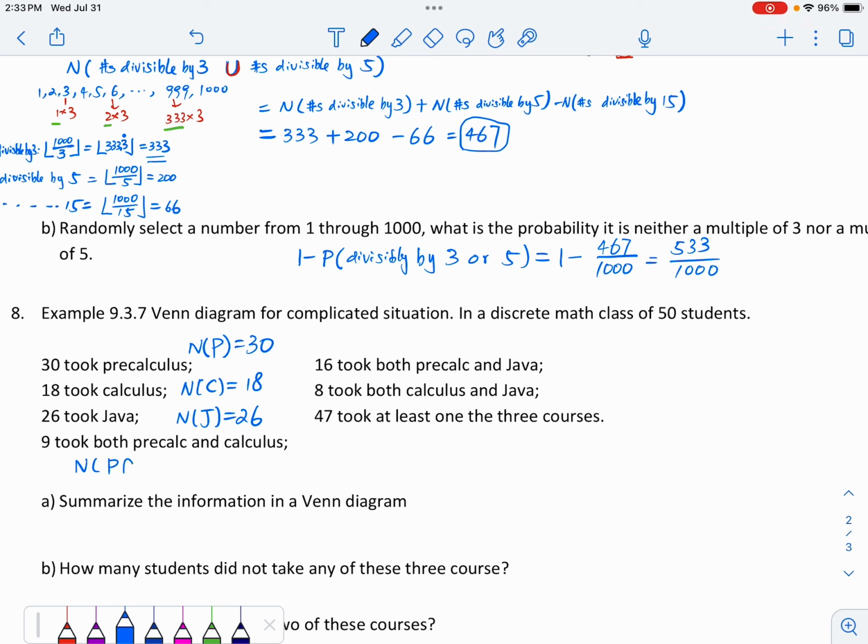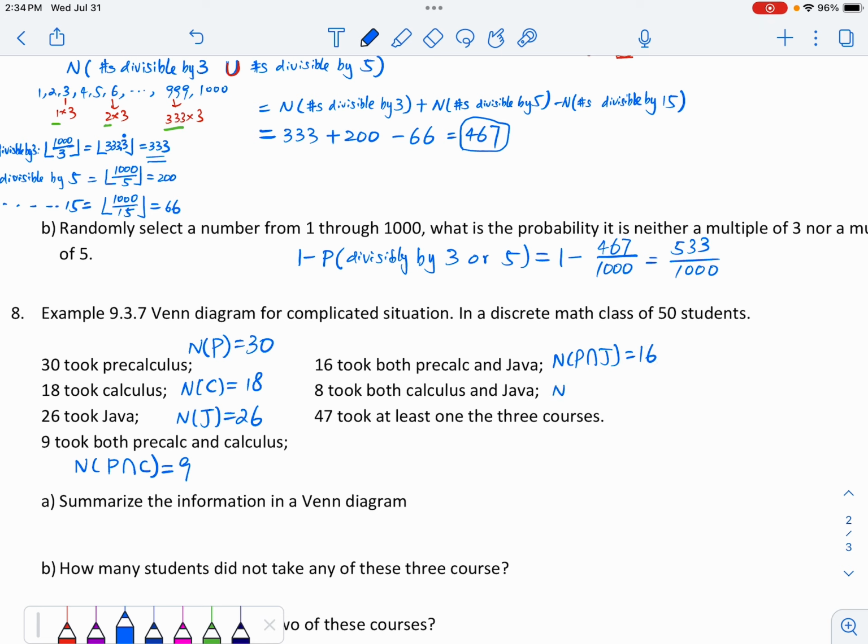So these two must happen, that means must have taken pre-calc and calc. Not at the same time, but have completed both. So equals 9. And similarly, the number of students who took pre-calc and Java, use the intersection, that's 16.